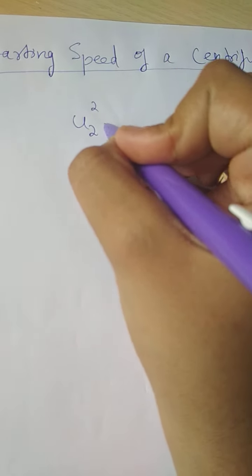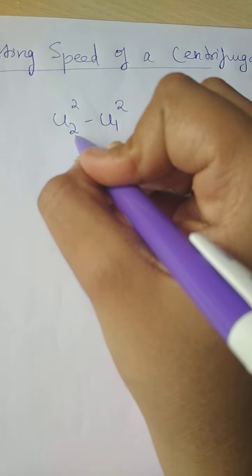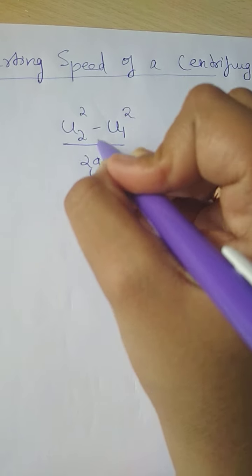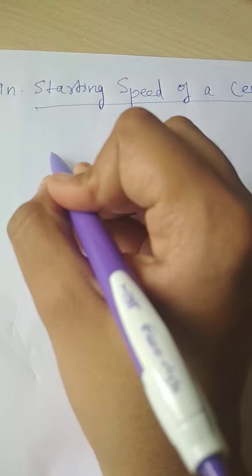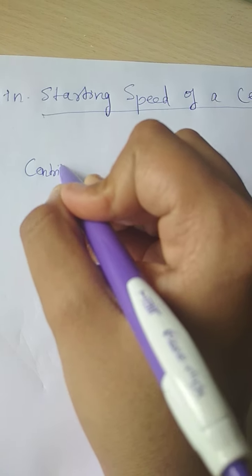The centrifugal head created in the pump, or the increase of pressure head of water in the impeller due to this centrifugal force, is given by U2 square minus U1 square divided by 2g. This is the centrifugal head created in the pump when the impeller is rotating.